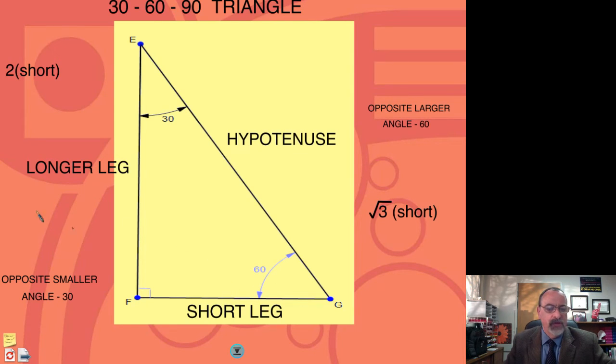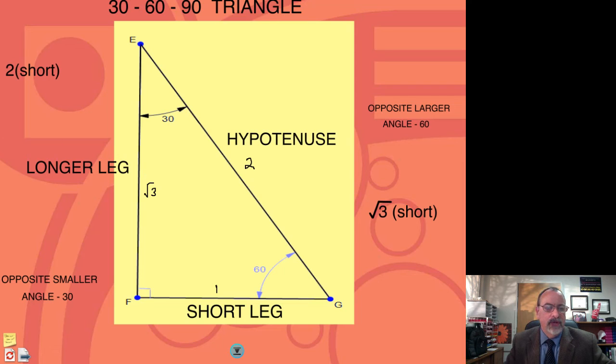Now there is a special relationship amongst these sides as well. If we made the shorter leg 1, let's make that the smallest, the longer leg is always going to be radical 3 times the shorter leg. And the hypotenuse is always going to be 2 times the shorter leg. So if the length of this is 1, then this would be radical 3 times 1, which is radical 3. This would be 2 times 1, which is 2.